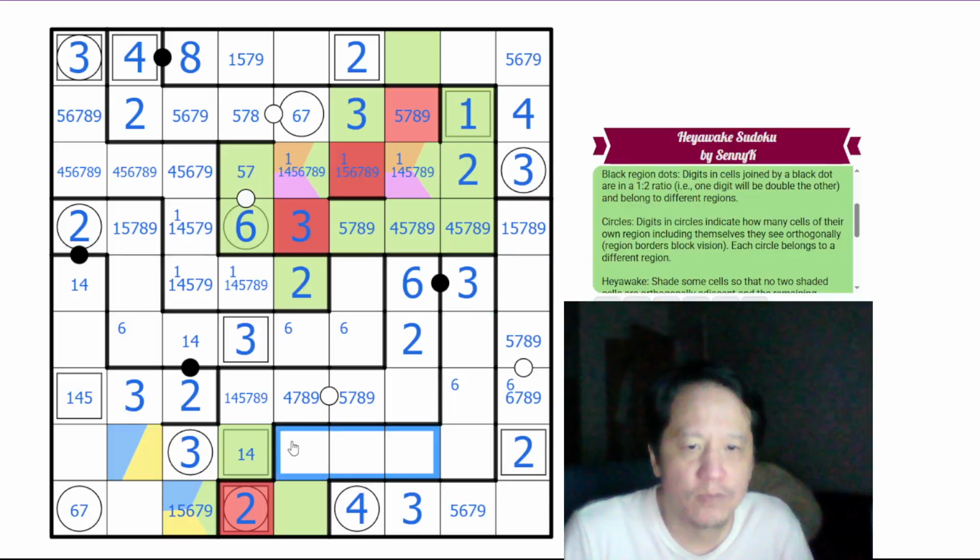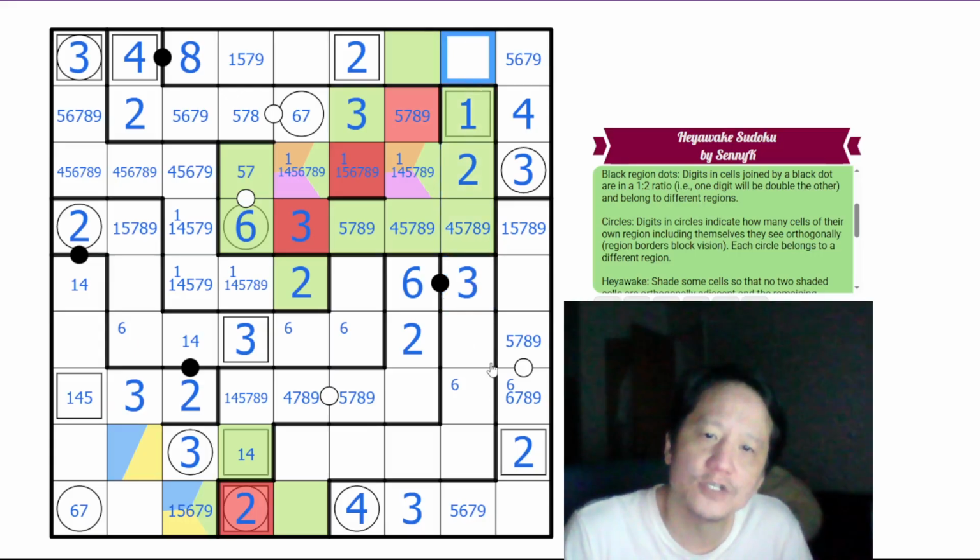Where is... Well, 1 is, again, one of these 4 in this region. So one of these 2 is shaded. Right? If they're both unshaded, that doesn't work. That crosses the boundary of 2. If this is shaded... Well, okay.